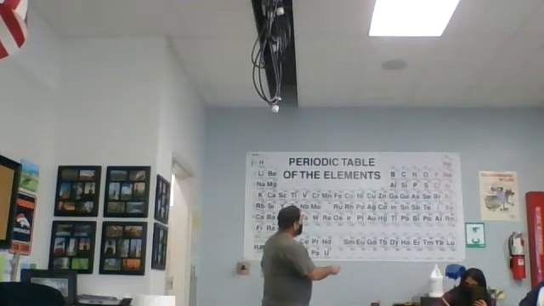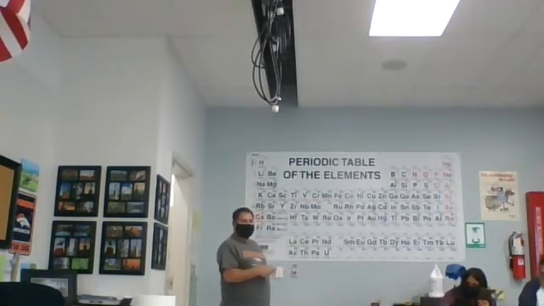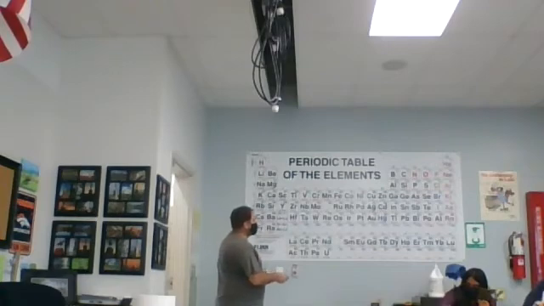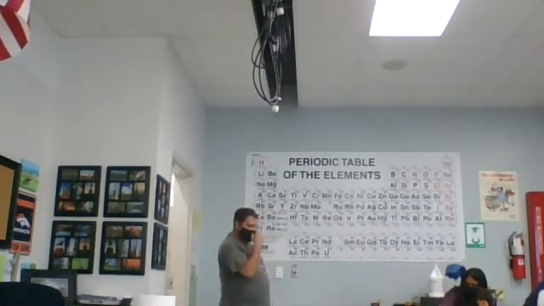If you look at it, it makes a 7 in the periodic table. The only one not in that grouping is hydrogen. So with hydrogen, it makes 7. 1, 2, 3, 4, 5, 6, 7.